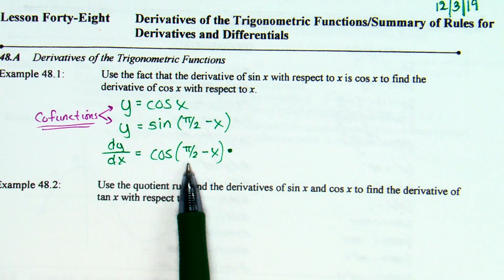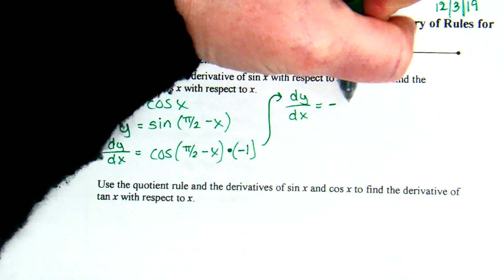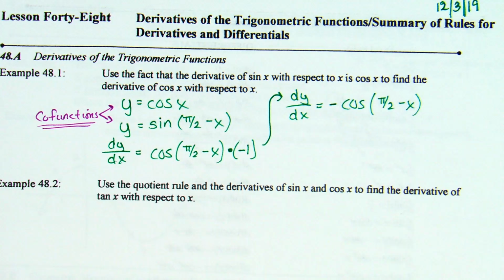The derivative of negative x is negative 1. So this is times a negative 1. If I reorder it and put the negative out front, dy dx equals negative cosine of pi over 2 minus x.